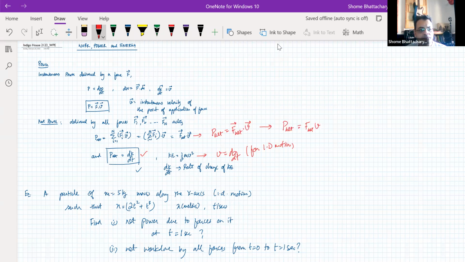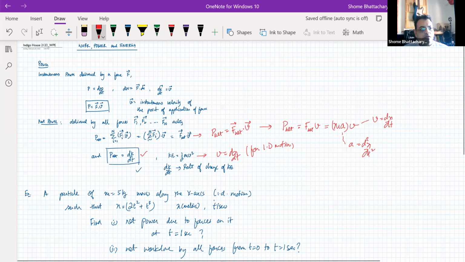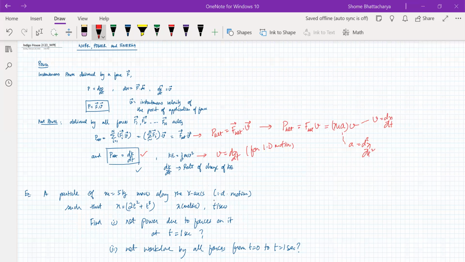Velocity and net force, right? So net force will be mass into acceleration. So we can do this also, no? We can find acceleration. So this is another option we have, right? So try out by either of these two methods and tell me the answer quickly, with proper unit and everything.